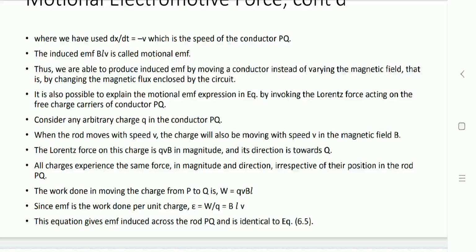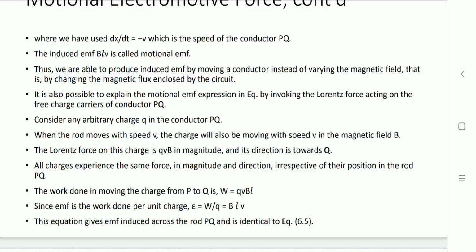While the rod is moving with constant speed, the charge is going to move with the same speed in the magnetic field. Based on the Lorentz law and the right hand rule, the charge moves from P to Q, based on QVB.